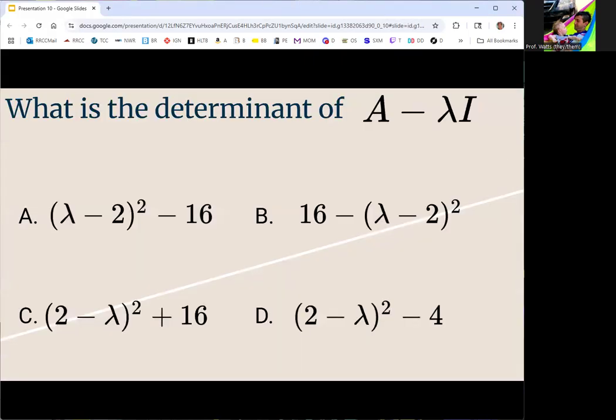Oh no, I didn't put the matrix in there. You can't actually do it. All right, so let's give you a system.